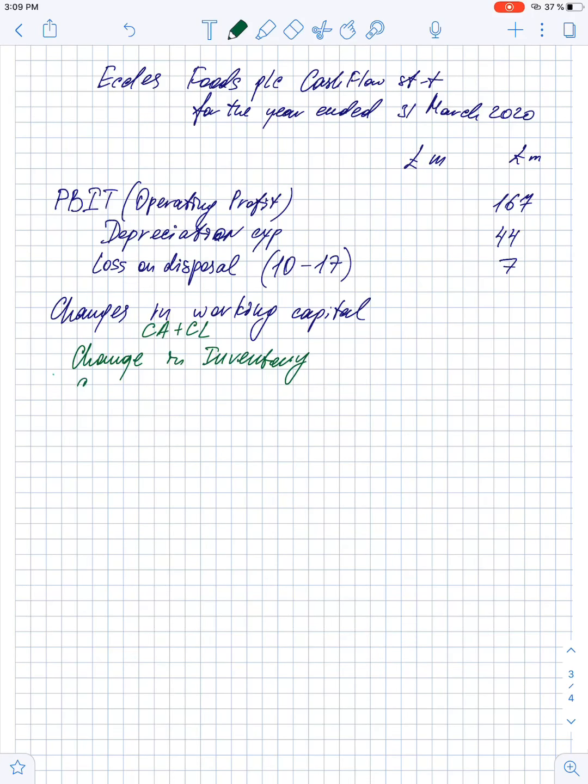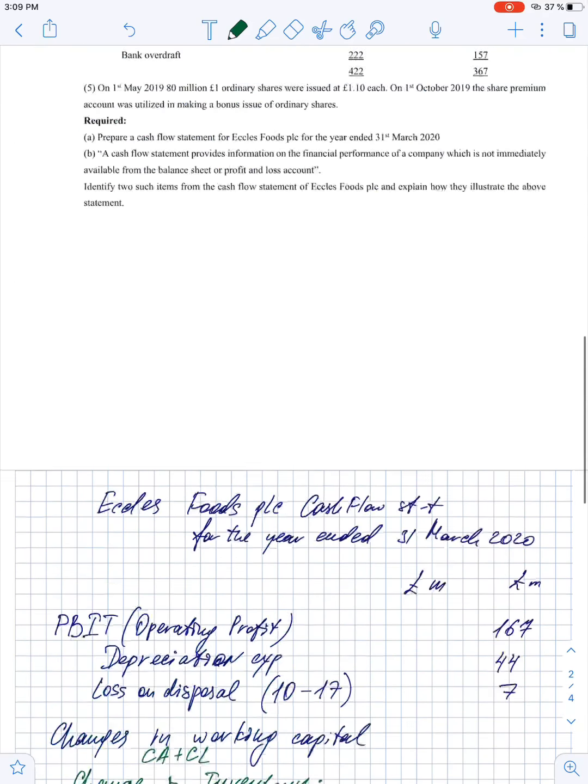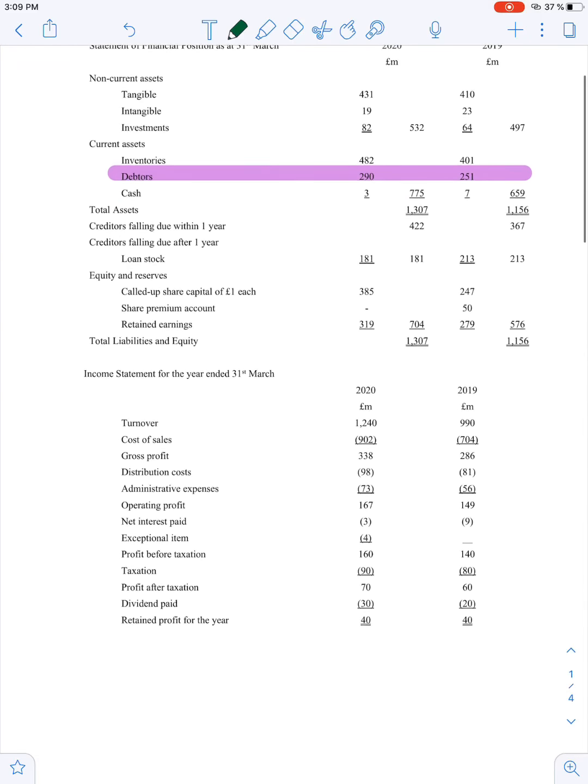We have to consider here change in accounts receivable. Accounts receivable are current assets also. And we have to consider here change in accounts payable or creditors. So let's look at the inventory, accounts receivable, accounts payable, and calculate these differences.